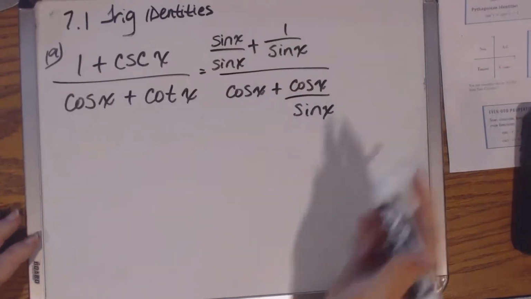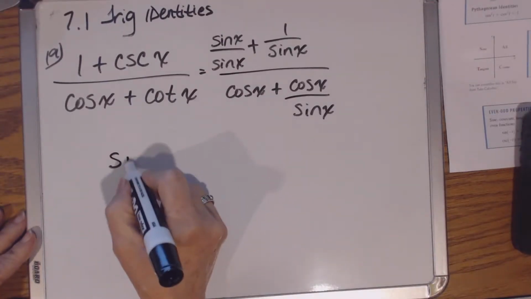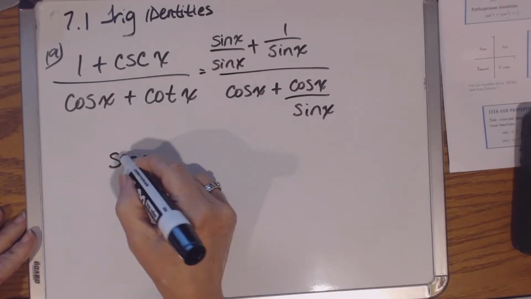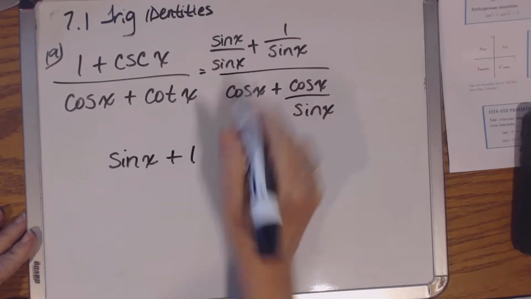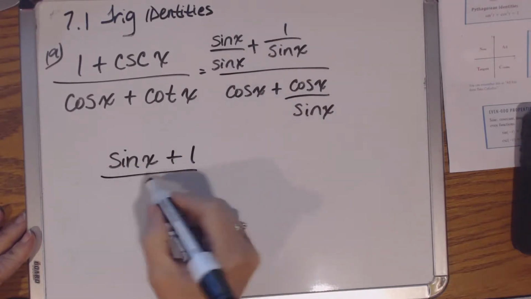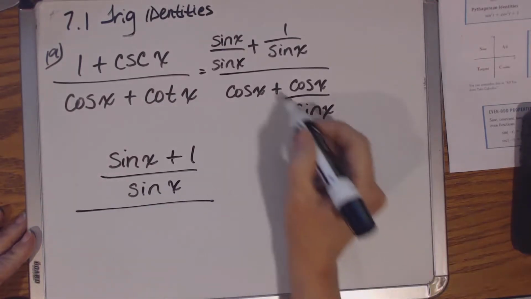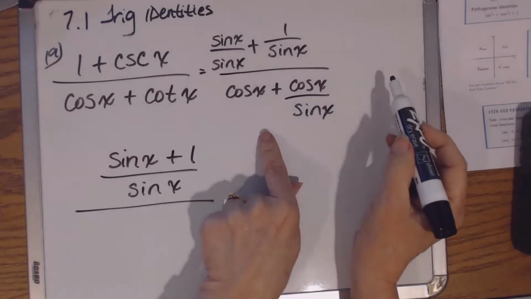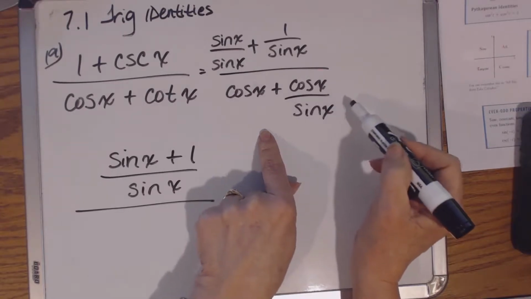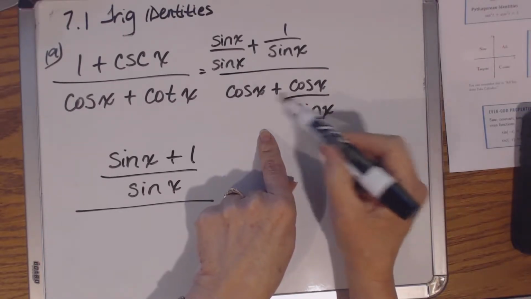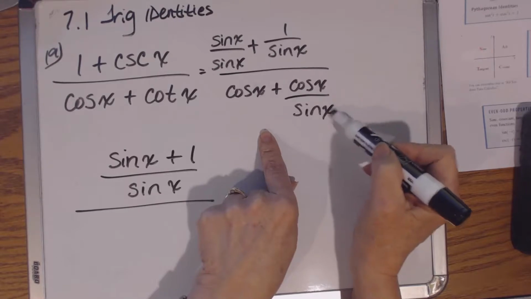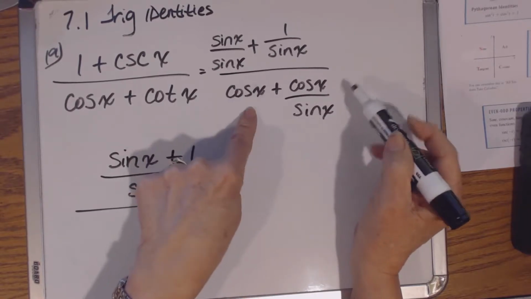So my top here is going to become sine of x plus 1, sine of x plus 1 over sine of x over, now I have to deal with this, and to get a common denominator, well, I would need to multiply both sides by sine of x, right, top and bottom.